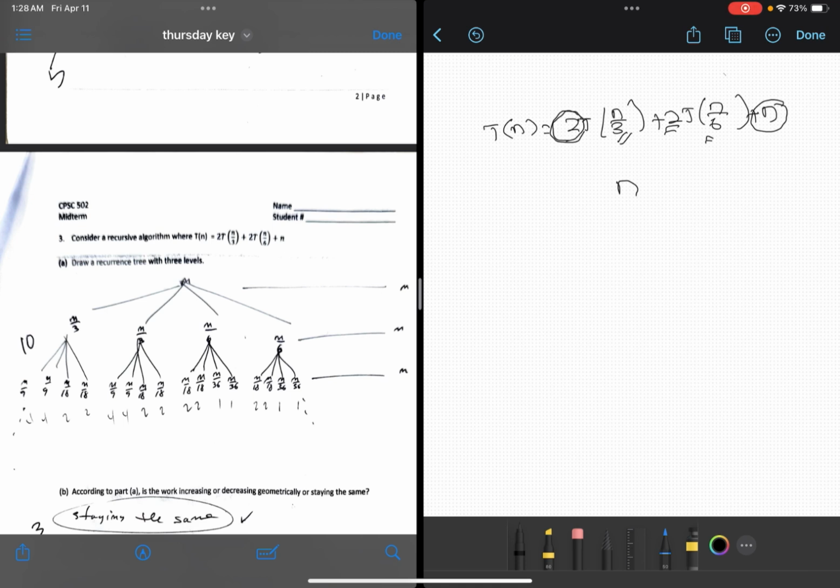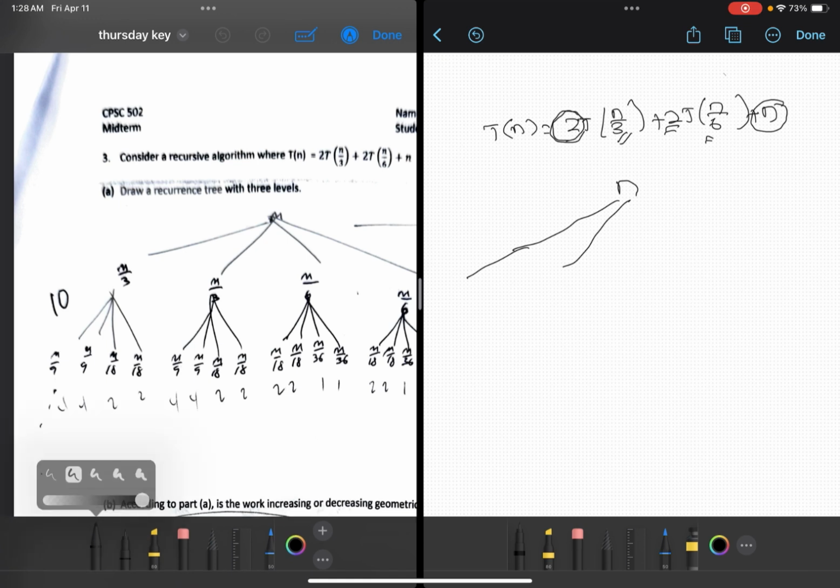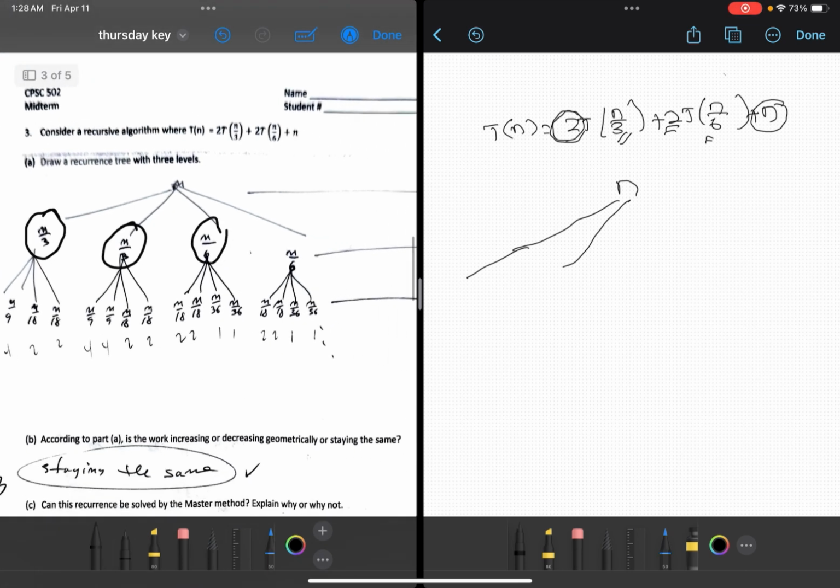So there are 2 branches of n by 3. So as you can see here, let me just show through the PDF here. Here you can see that we have 2 branches of n by 3, and then again we have 2 branches of n by 6.